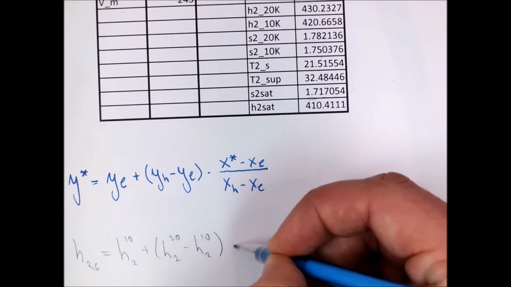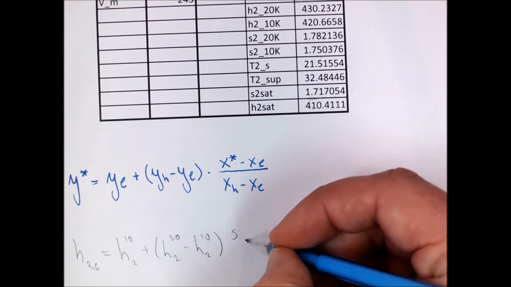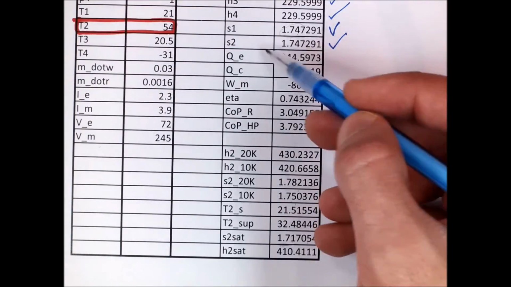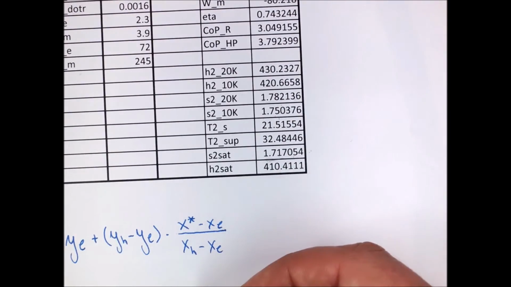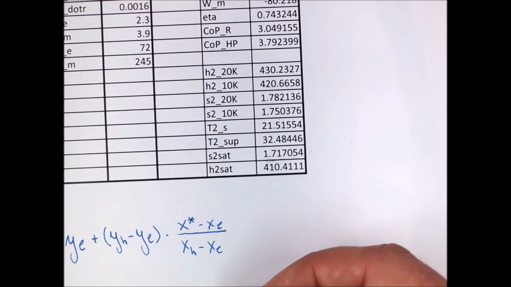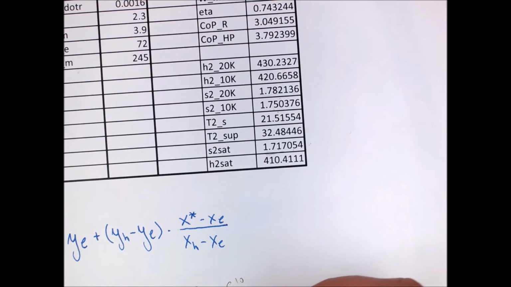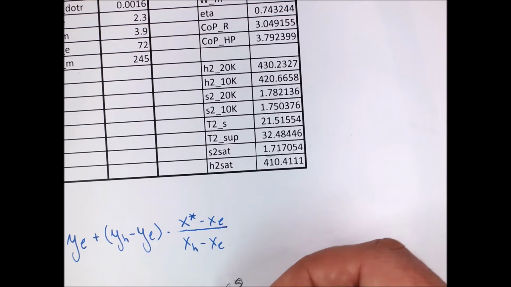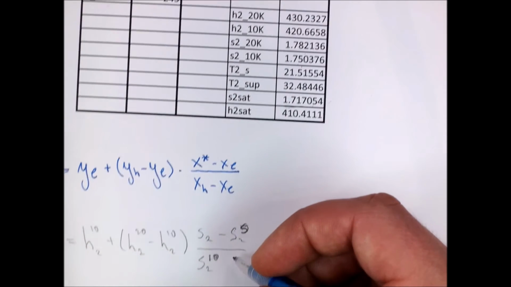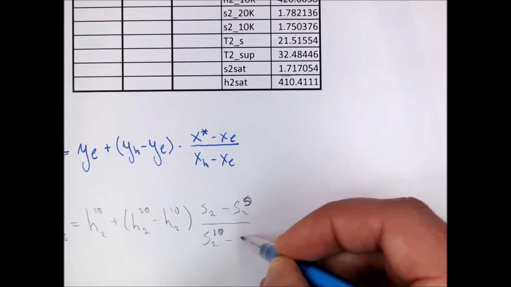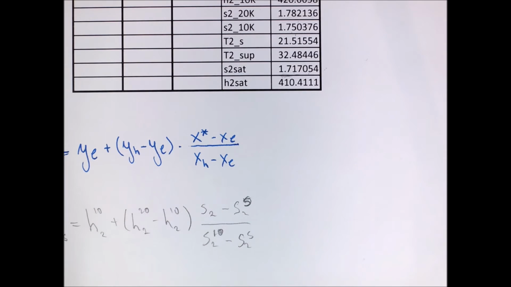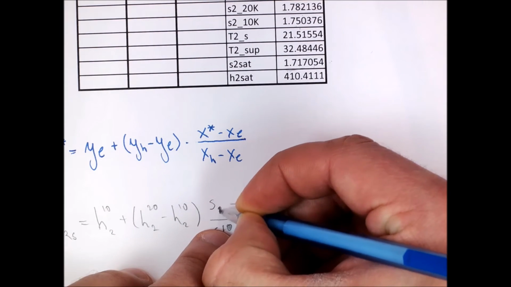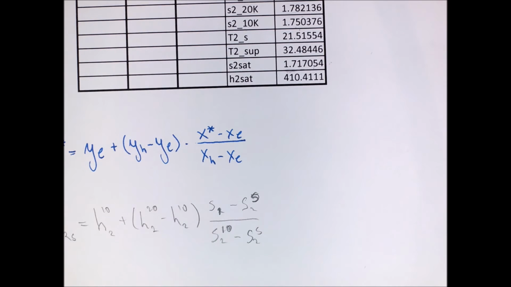And now here comes entropy: S2, we know this value, S2 minus S2 at 10 Kelvin over S2 saturated... sorry, S2 at 10 minus S2 saturated. Let's just put S1, because this is in fact S1, we obtained this from S1.